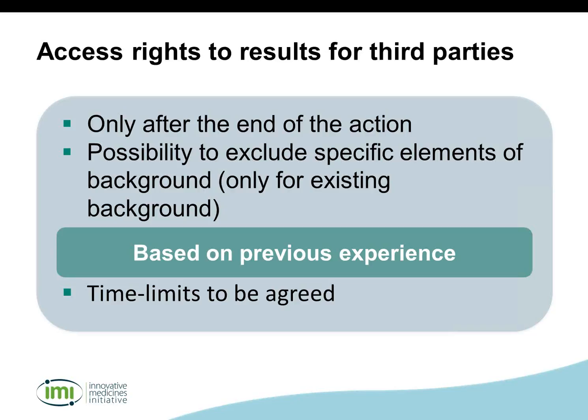So a potentially interested party should be aware that they have a certain time after the project ends to request access to the result of a given project. Normally, these time limits are agreed in relation to the type of the action, the expected result, and the likelihood of applicant organizations for this access right.